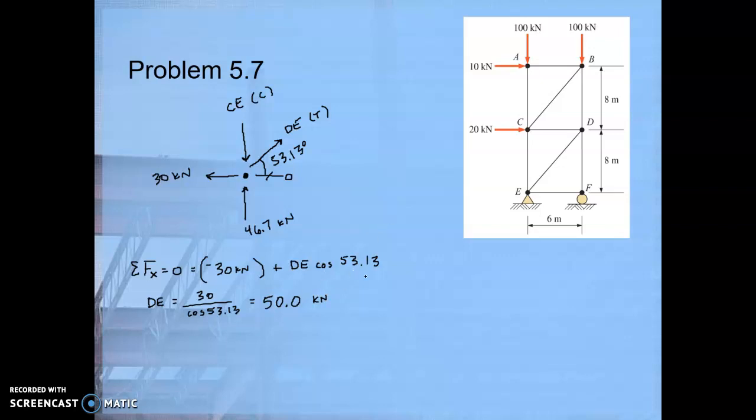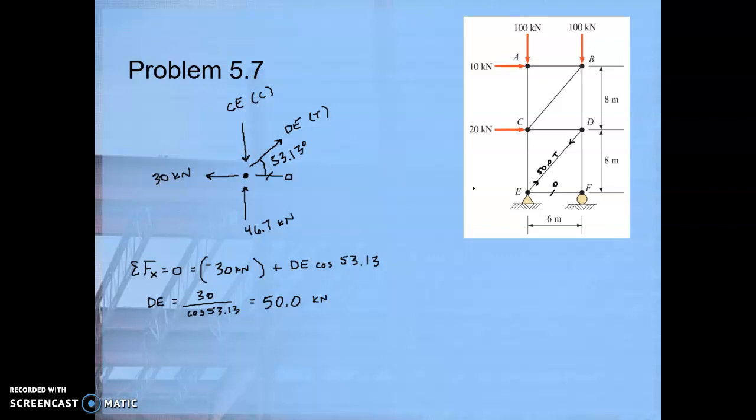And again, that's going to be in tension, so that's pulling away from joint E, 50.0 in tension, which means since it's pulling away from joint E, it's also pulling away from joint D, because tension is a pulling force. This one, again, is 0.